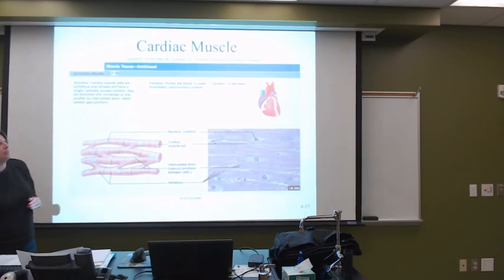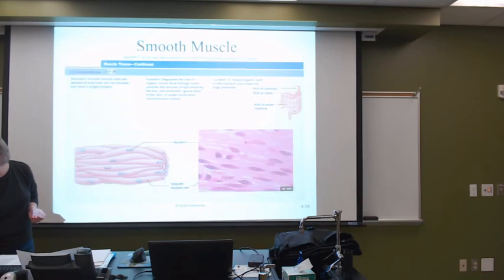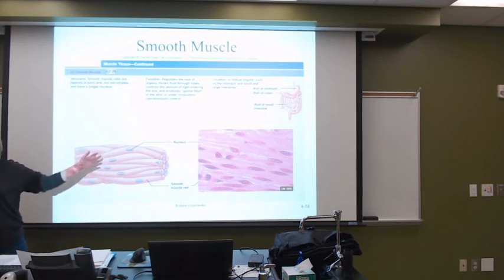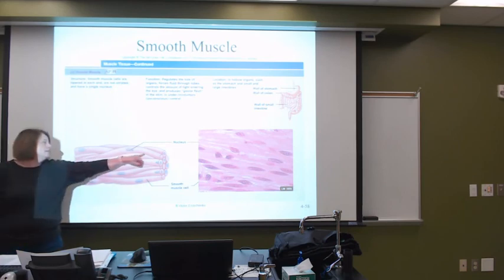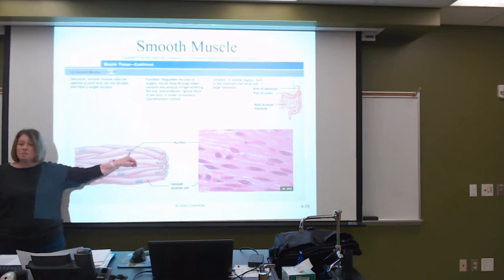Actually, you won't get into the cardiac muscle until part 2. The cardiac and the smooth is what you'll begin to get more into in A&P 2. In the smooth muscle, we don't have any striations. We have one cell with one nucleus.